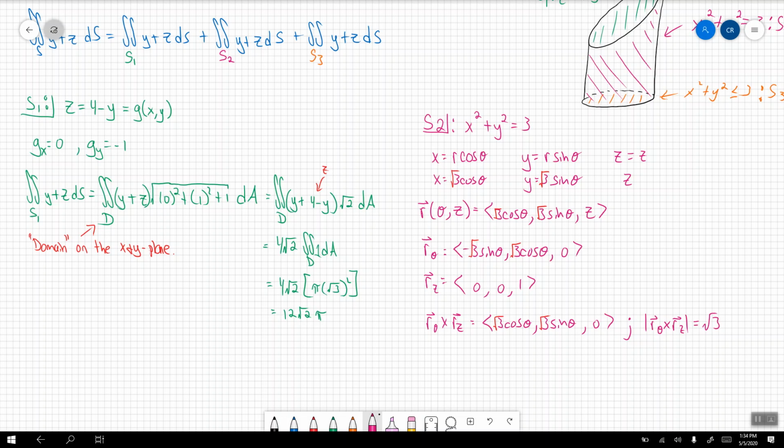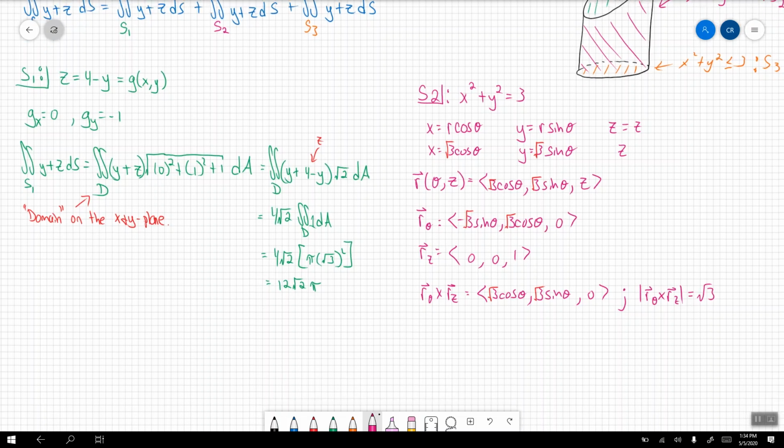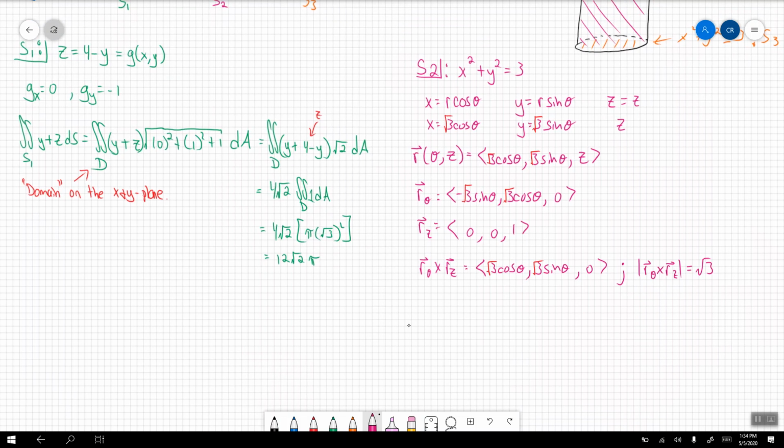Awesome. So now that we have this, let's go through and figure out how we're going to set up our surface integral. Alright, so here we go. Surface integral. My initial surface integral for surface 2 is going to be y plus z with respect to dS.